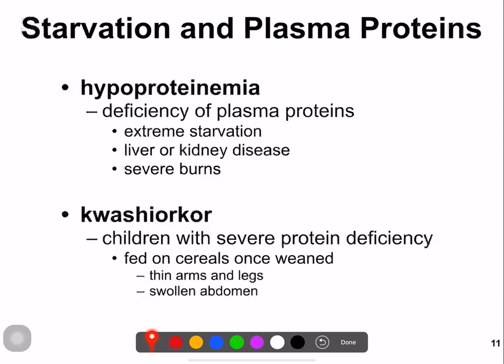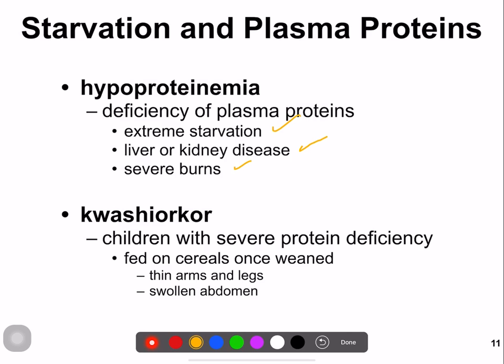Just a couple points. Hypoproteinemia, this is where you have a lack of plasma proteins or deficiency. And this occurs in things such as extreme starvation, liver or kidney disease. Remember, many of the plasma proteins are made in the liver, and severe burns.